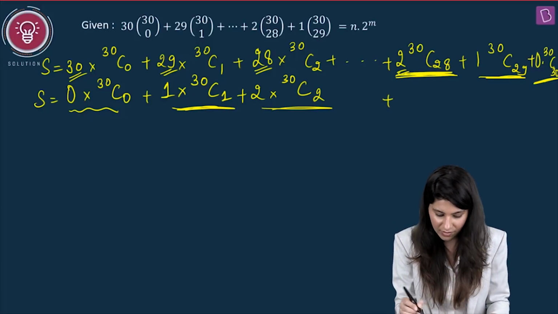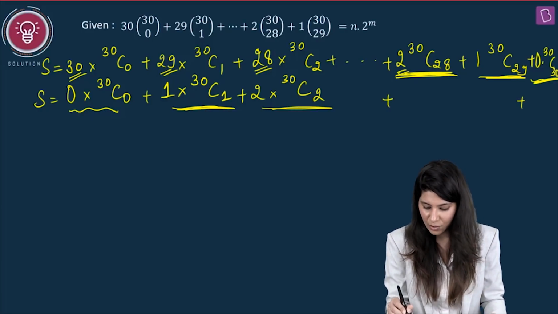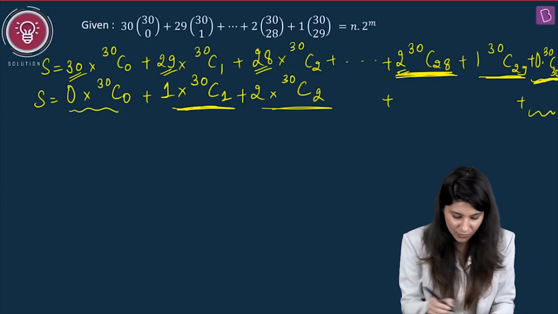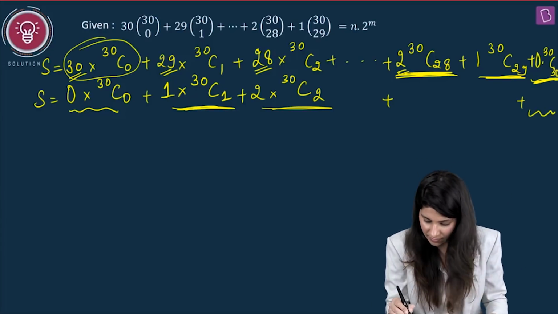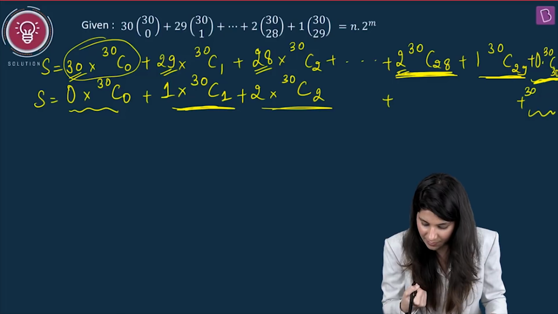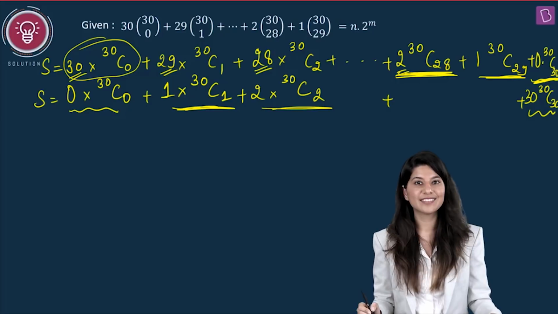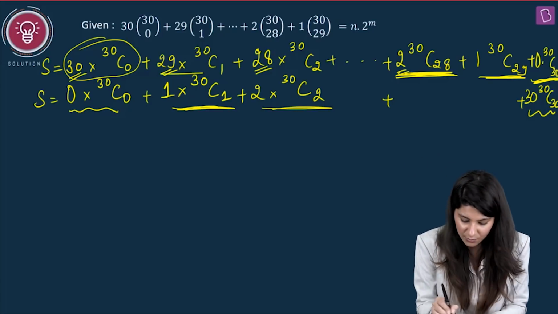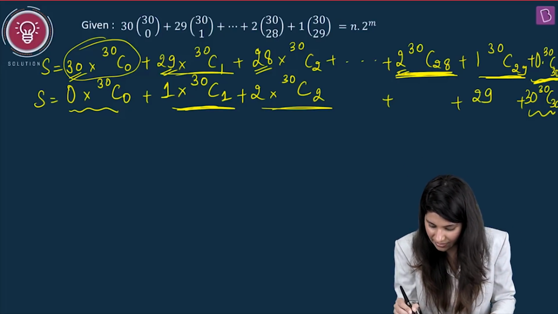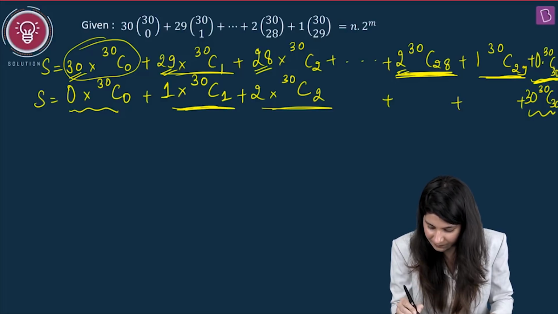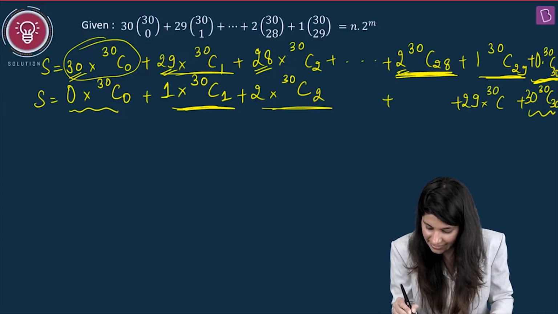And over here actually, what about the last term? So I'll be writing over here 30C30 multiply 30C30. Yes, and a term previous to this would be 29 multiply 30C29.